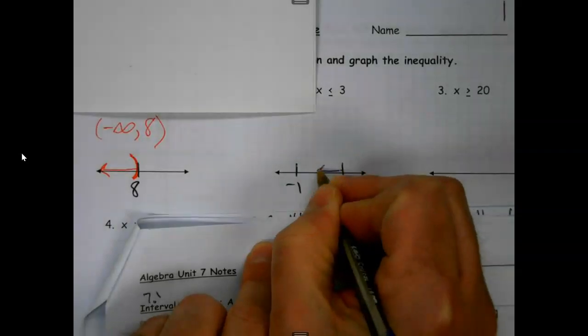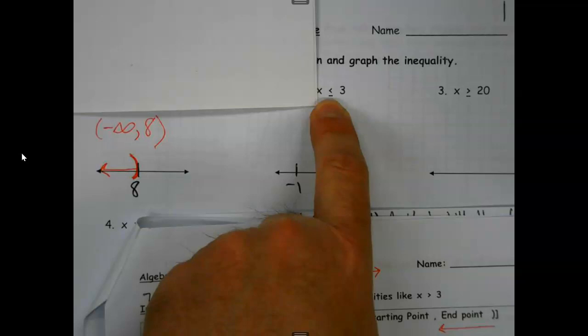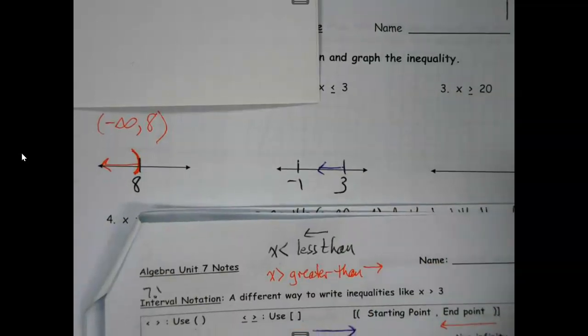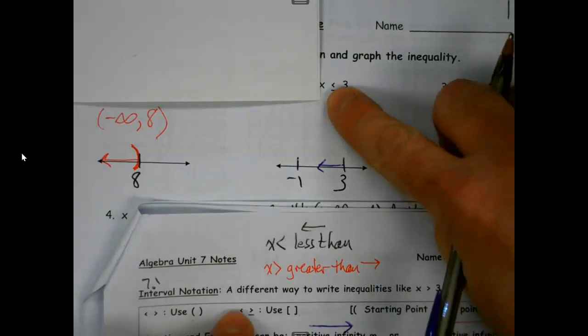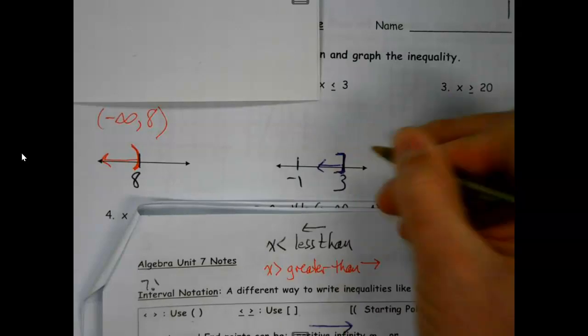Arrow pointing at X is less than. So this goes left. What symbol am I putting on my 3? Not a bracket. A bracket. Yep, we got the line under our bracket.